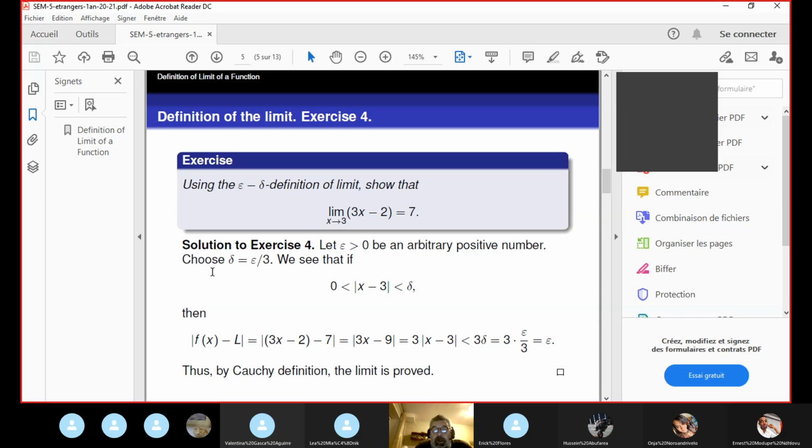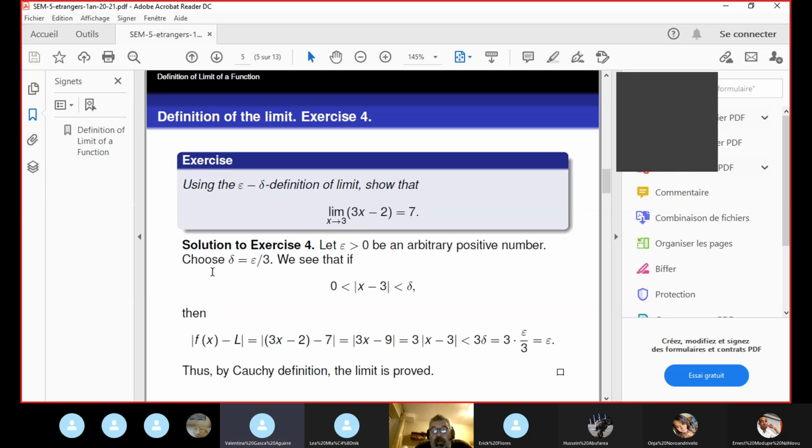Then I take that the absolute value of x minus 3 has to be less than delta, okay? Because we are looking for the limit as x goes to 3, your p in the definition. You multiply 3 because this is the limit, yeah?